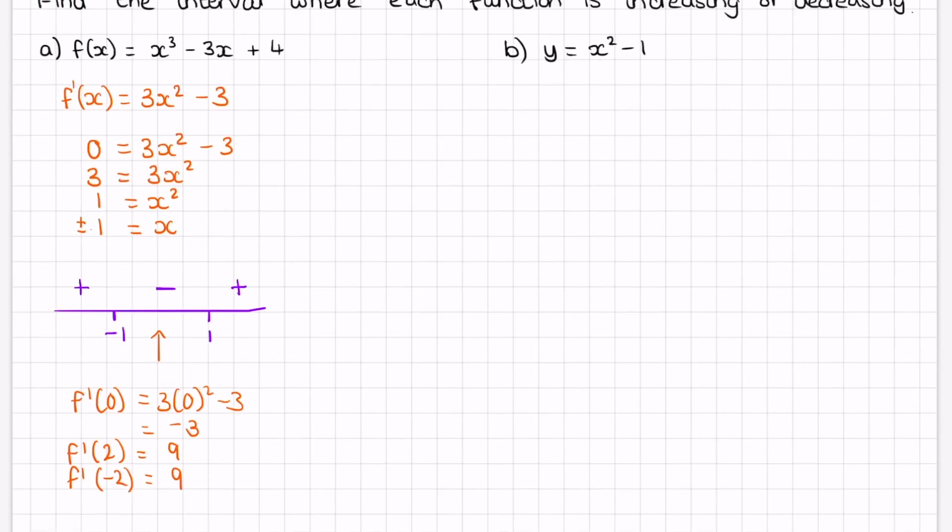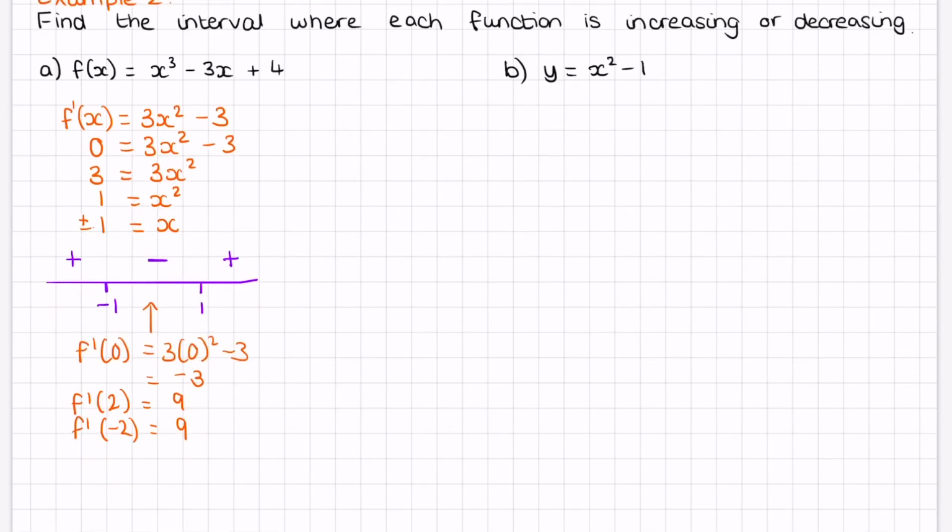If the gradient's positive, it's increasing, and if it is negative, it is decreasing. Which means our function is increasing from -infinity to -1, and from 1 to infinity. And then it is decreasing between -1 and 1 because the gradient's negative.